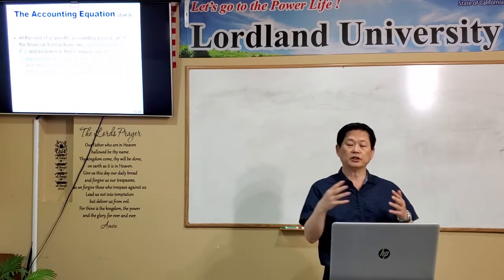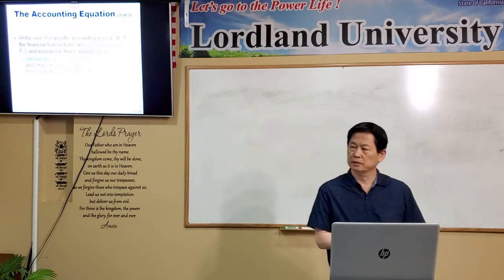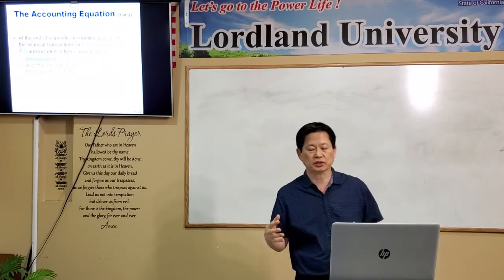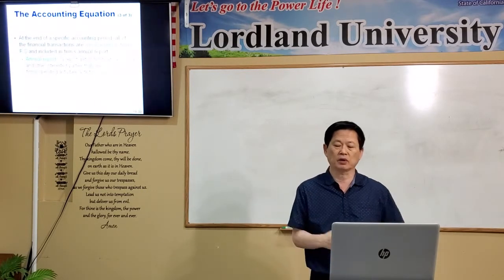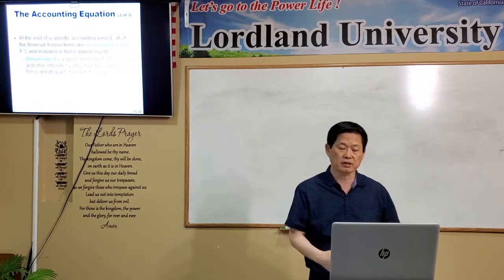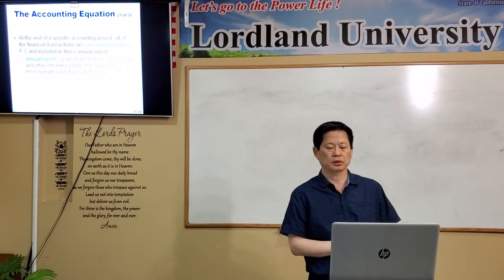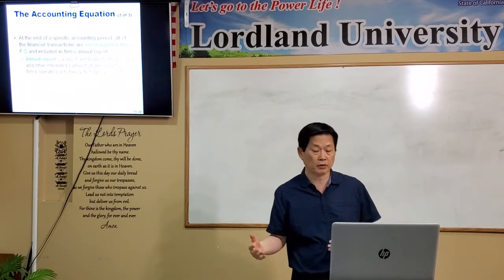At the end of the accounting period, December 31st, all of the financial transactions are summarized by business firms as financial statements and included in the business firm's annual report.